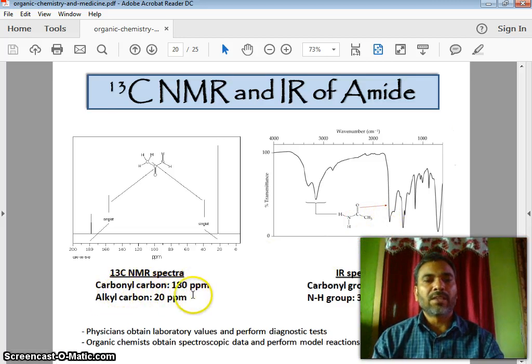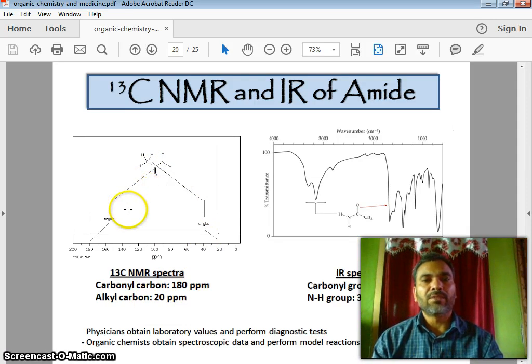Carbonyl carbon 180 ppm, alkyl carbon 20 ppm. So on the basis of 180, this CO is here, and this alkyl carbon, you have the two carbons. So you characterize your compound, meaning amide, with the help of carbon 13 NMR and then IR spectra also.